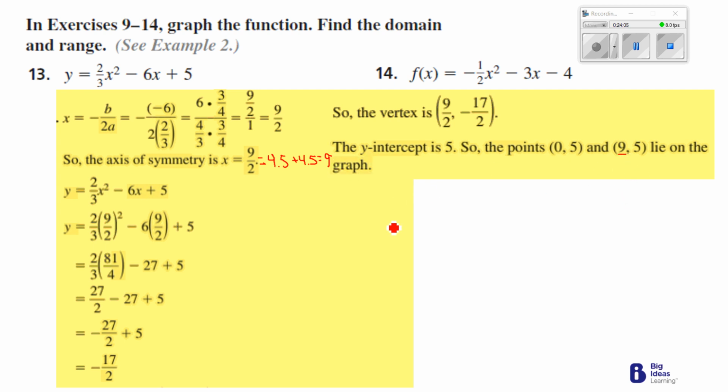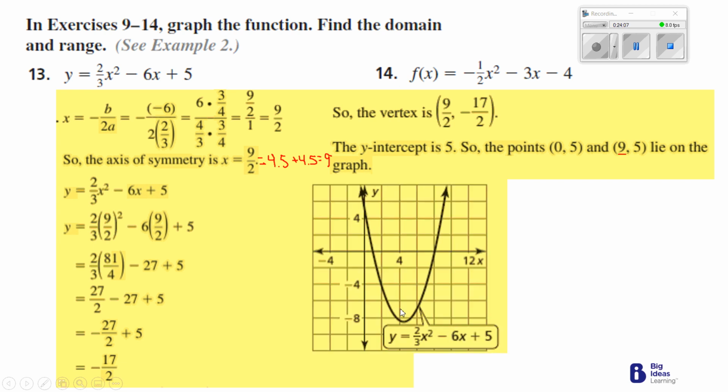All right, so we put it on a graph. It's going to look like this, right? My axis of symmetry was 4.5. My vertex was at 4.5 and negative 17 over 2, which is really like negative 8.5, okay? And then remember the y-intercept was 5.